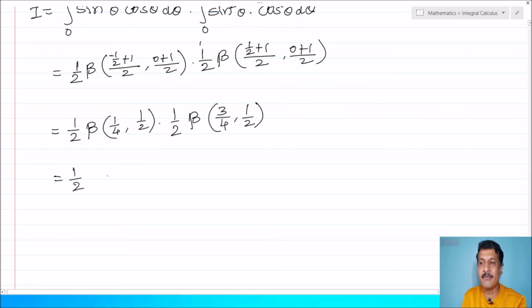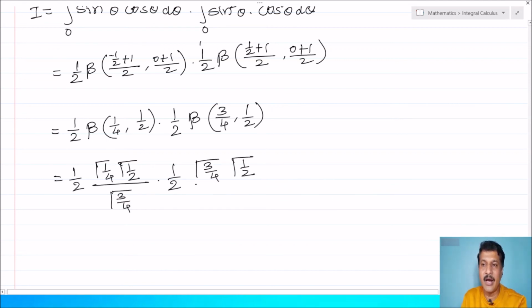I am getting 1 by 2 gamma 1 by 4 gamma 1 by 2 upon gamma, meaning gamma separation upon gamma addition. So 1 by 4 plus 1 by 2 is 3 by 4, into 1 by 2 gamma 3 by 4 gamma 1 by 2 upon gamma of 3 by 4 plus 1 by 2, which is 5 by 4.